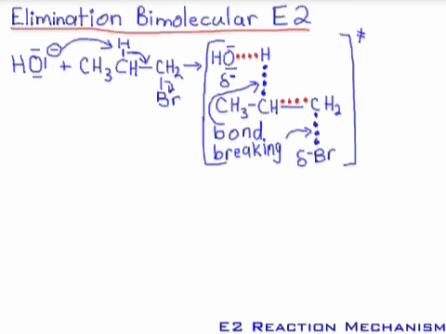And again use red to write bond forming. And so we have a bond forming between the hydroxide and the hydrogen, and the pi bond is forming.